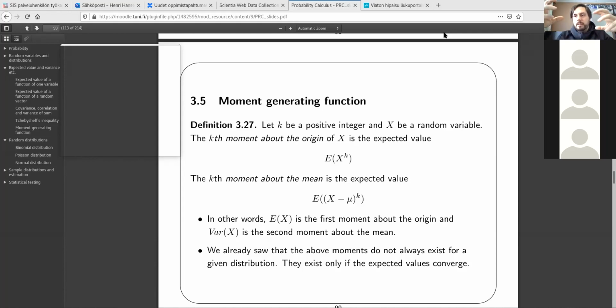Skewness: is it more bulged on the other side? Is it tilted? Is there more ripples on the other side? So skewness, kurtosis, and these are names for these higher moments, known as higher moments about the mean.